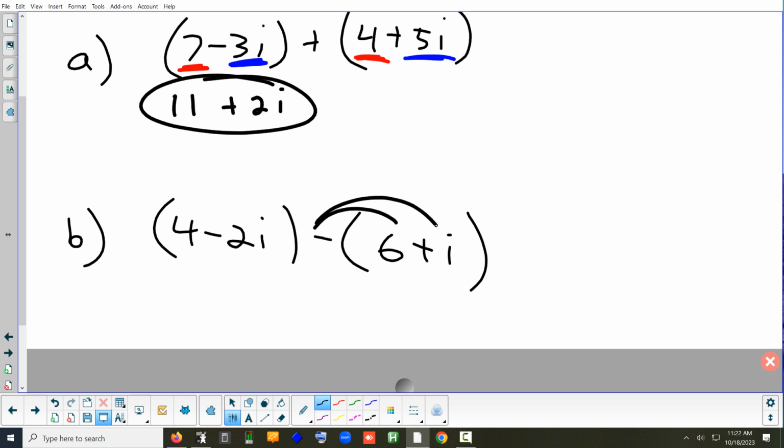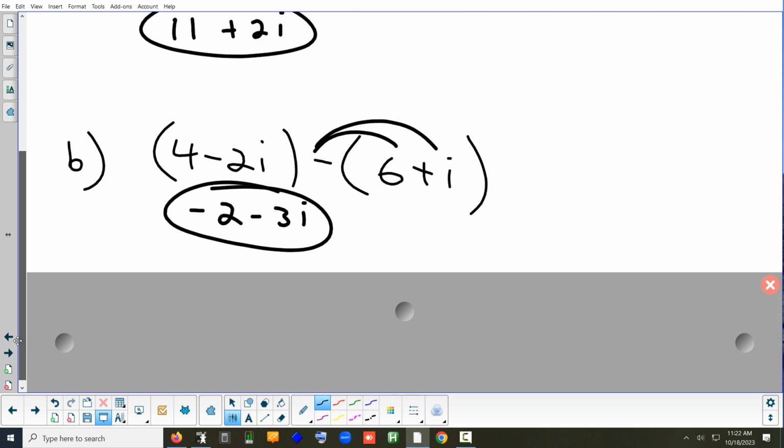Yep. So it's going to be 4 minus the 6. And then negative 2i minus the i is negative 3i. So just like adding, except you distribute the negative and then combine like terms. Any questions on adding or subtracting?